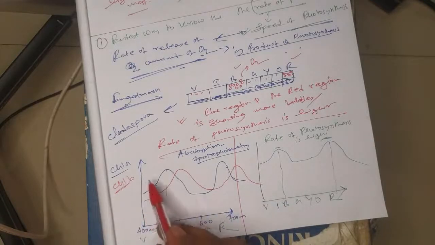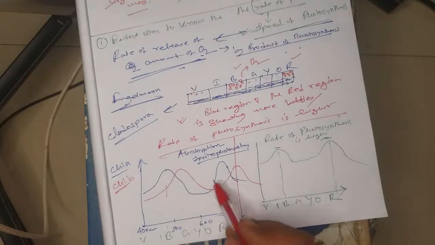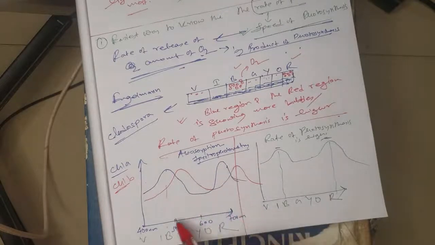Chlorophyll A also absorbed the red light the best, and chlorophyll B absorbed a little more than that.